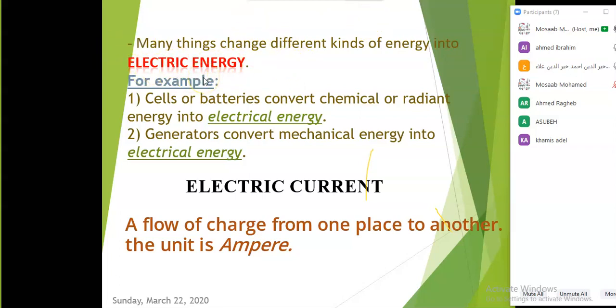Electrical energy means electricity, and we have two examples for converting chemical or radiant energy into electric energy, like in batteries. And also we have generators which convert mechanical energy into electrical energy.